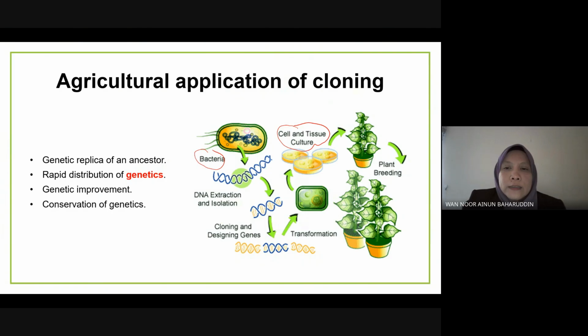Inside the lab itself, they are developed to become a fully functioning plant. This is mostly to give rapid distribution of the genetics, for genetic improvement, and to conserve the genetics itself.